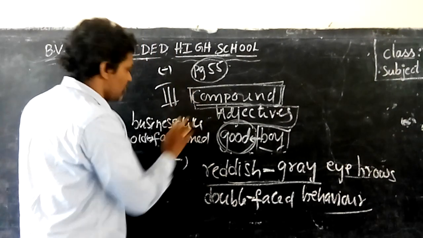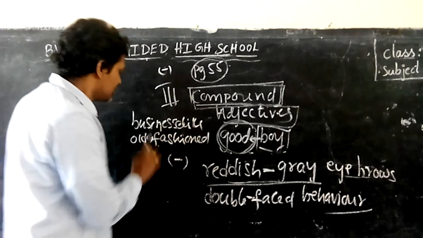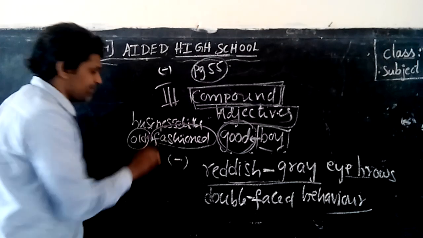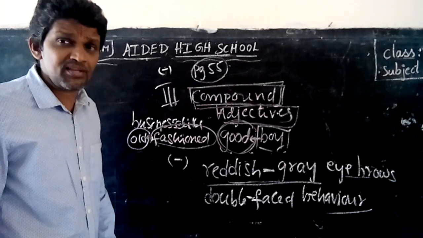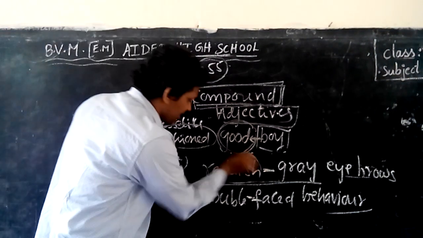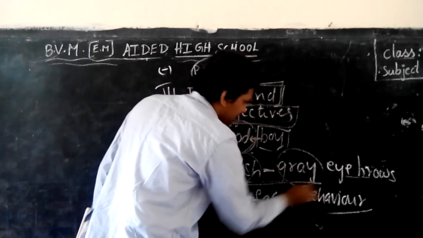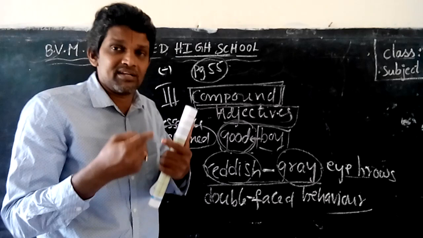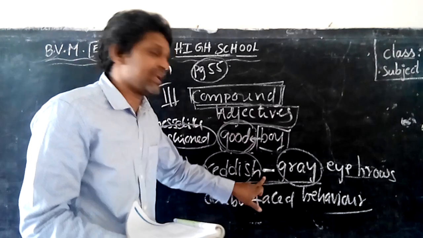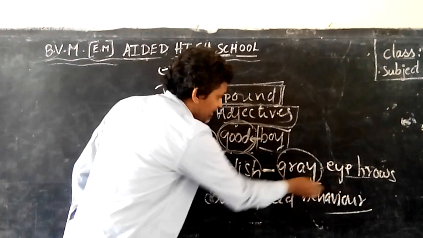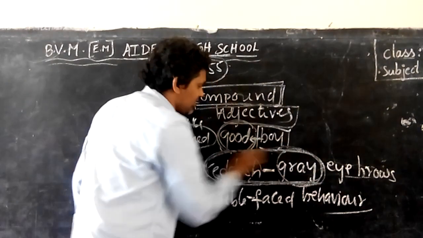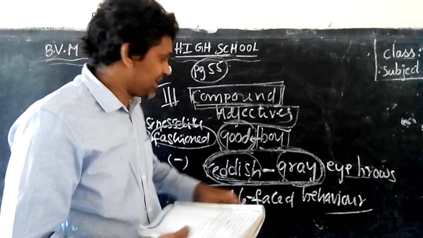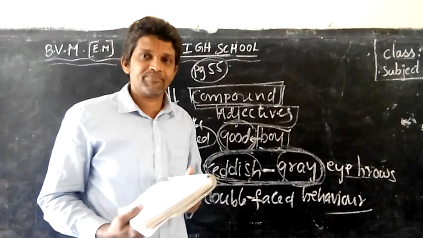If you won't put a small hyphen, old will become one word and fashion will become another word. But what we are doing here, we are combining these two adjectives with a hyphen, so that this will come under a single word. Then it will become an adjective.